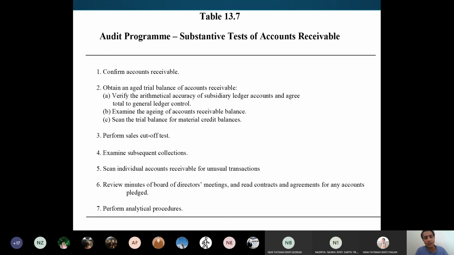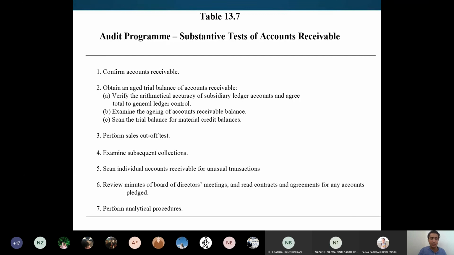Number two is to obtain an aged trial balance of accounts receivable. A, to verify the arithmetic accuracy of the subsidiary ledger accounts and agree the total to the general ledger control. B is to examine the aging of accounts receivable balances. C is to scan the trial balance for material credit balances.